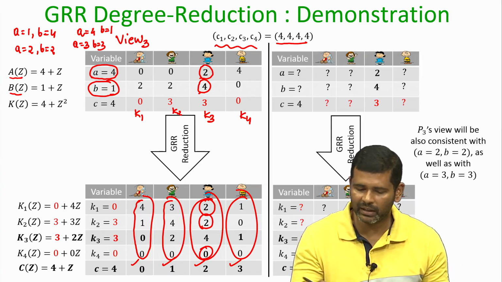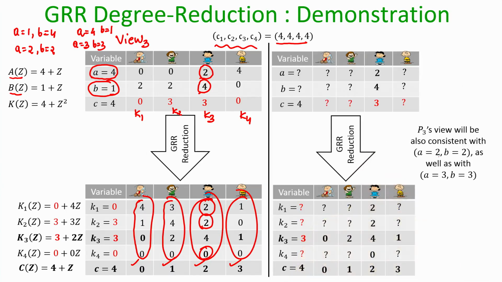In the same way, I am leaving it as an exercise, but we can show that the same view 3 which adversary P3 has seen by participating in the protocol will be consistent with the hypothesis A equal to 2, B equal to 2, as well as with the hypothesis A equal to 3, B equal to 3. That means, if we do the degree reduction and then finally reconstruct the circuit output, then there will not be any breach of privacy.